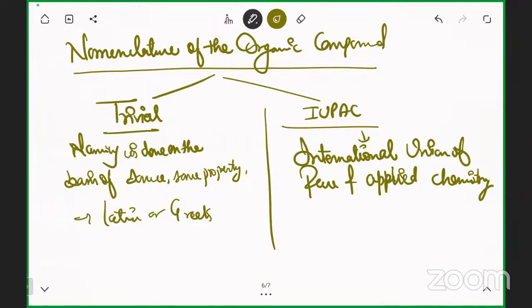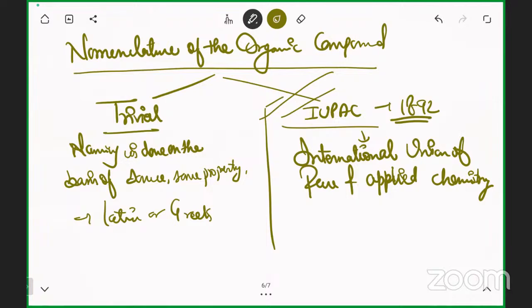This system of nomenclature was developed in 1892, and it contains a systematic order in which the name should be given to the compound. We have to discuss the main IUPAC, not the trivial system. But just remember whatever I taught you in the trivial system, that is only important, nothing else.